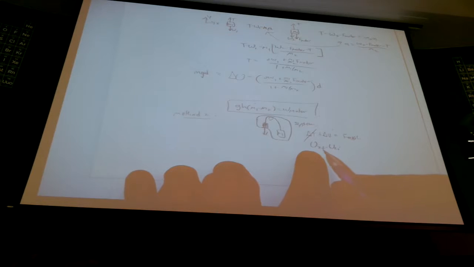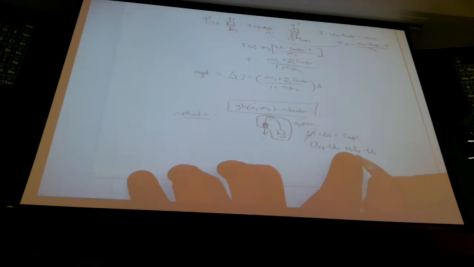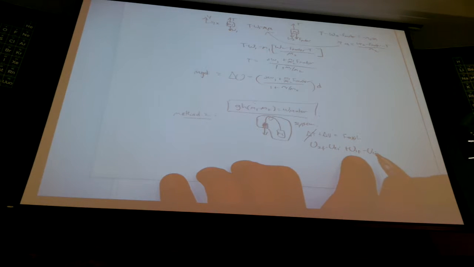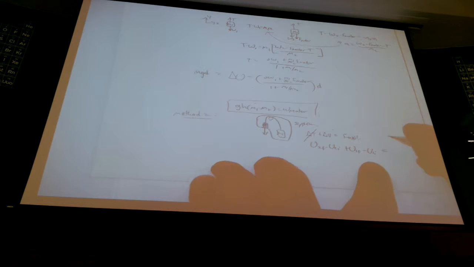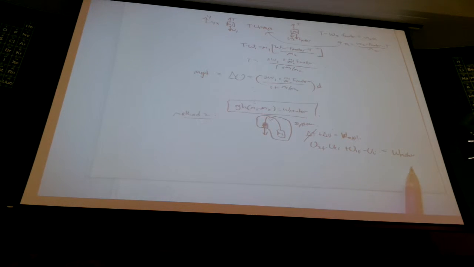That's the final potential of the second mass, and this is the final and initial of the first mass equals, sorry, this is the work applied, equals the work of the motor. Because the only work I'm doing in the system now is whatever the motor's doing. That's the only thing I need to include in my system. And I was smart about it, because I wanted to find that, so I included my system. That way, that's the whole right side of the equation is whatever this stuff is.